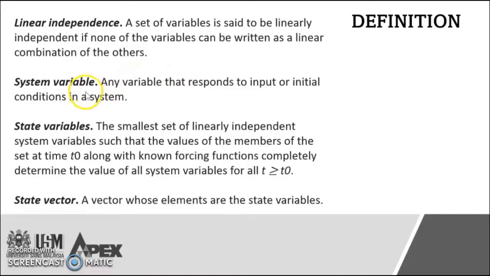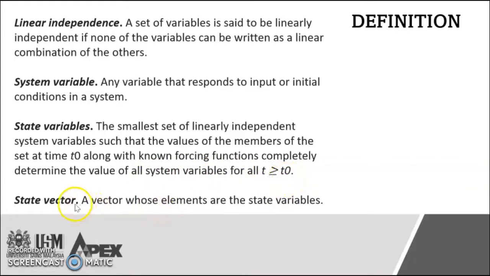And then there's a system variable, which is any variable that responds to input or initial conditions in a system. And then there's also state variables, which is the smallest set of linearly independent system variables, such that the values of the members of the set at the time t0 along with non-forcing functions completely determine the value of all system variables for all t bigger than t0.